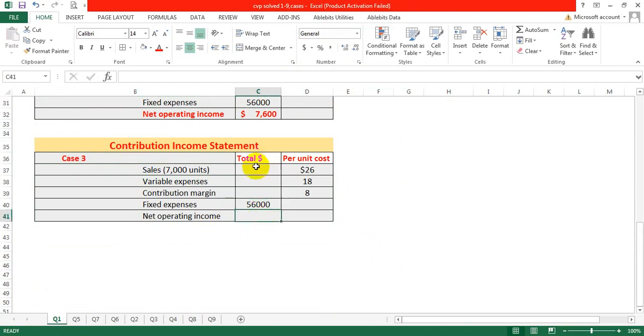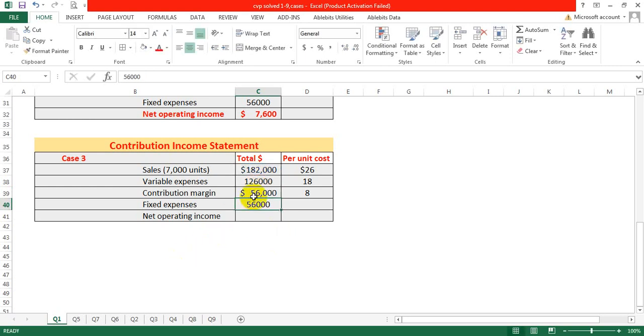Now easily you can calculate it. 7,000 multiplied by per unit price 26, so what we got? $182,000. What about variable expense? Again, 7,000 multiplied by 18, so $126,000, and my contribution margin is sales minus variable expense.